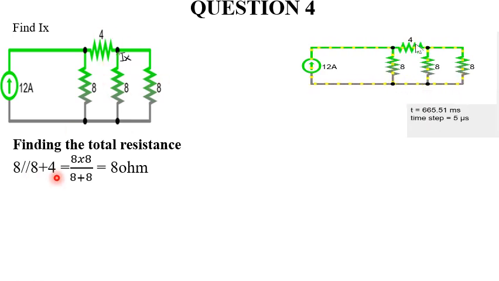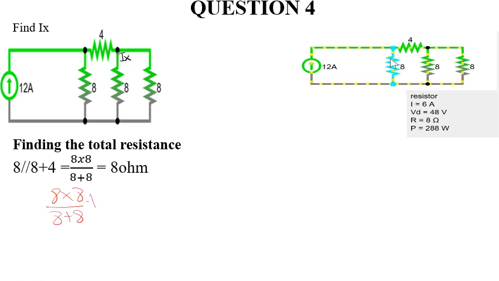So that is 8 times 8 all over 8 plus 8, plus 4, which is equal to 8 ohms. So after getting our 8 ohms, we realize that we have to redraw our circuit.